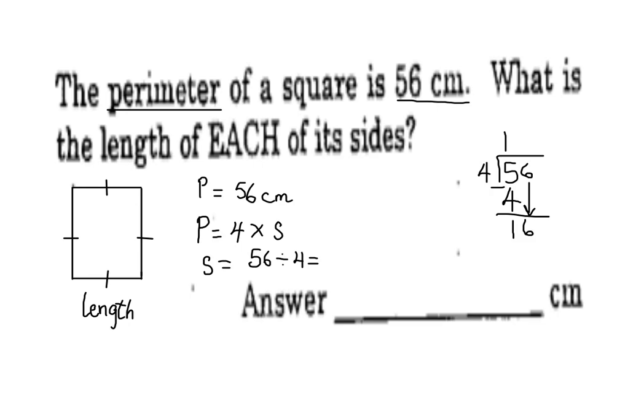Very good. So 4 fours would give me 16, right? So 4 fours is 16. And since 16 take away 16 is 0, we have no remainder. So 56 divided by 4 is 14, just like you were telling me earlier, right? 14. Alright. So what is our answer for this question? 14. There you go, 14. So you write 14 there. Alright?